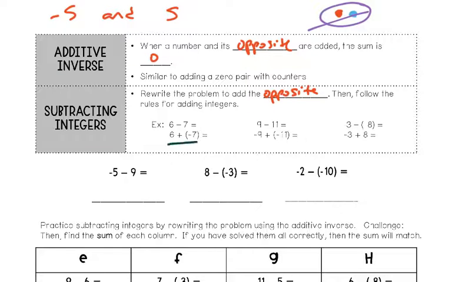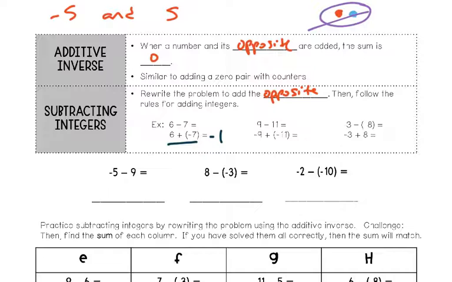If these are opposite signs, which they are, there's a positive and a negative, you're going to subtract 7 minus 6, which is 1, and then you're going to keep the sign of the number that has the greater value, quote unquote. You know what I'm saying? This is a 6, this is a 7. A 7's bigger than a 6, and the 7 is negative, so it'll be a -1. That should be a review from the other day. But we were given it as a subtraction problem. So that's how you do that one.